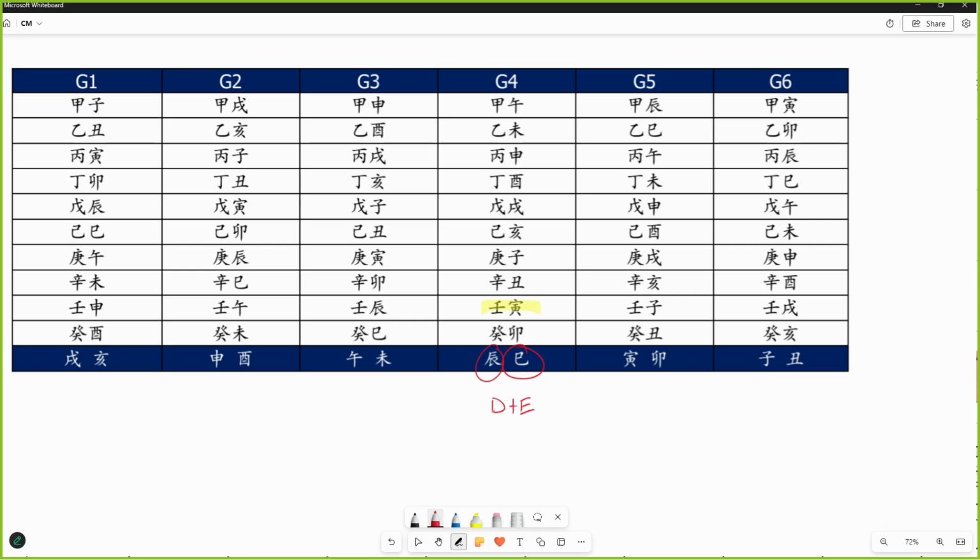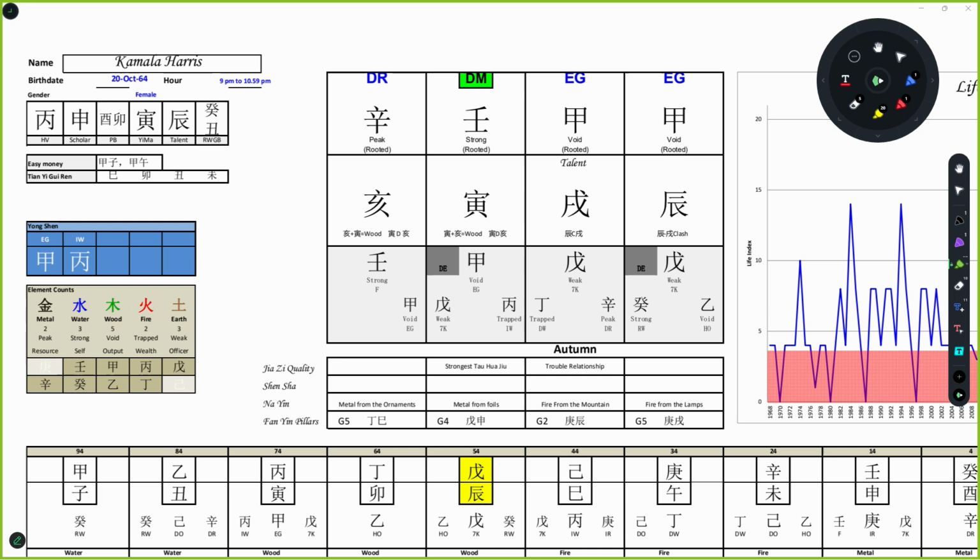So having no affinity would then be death and emptiness. Now, death and emptiness doesn't really denote death per se. It's not really one of the readings, but it normally denotes that the energy level is weak. So the energy level will be weak. That's Kamala Harris.